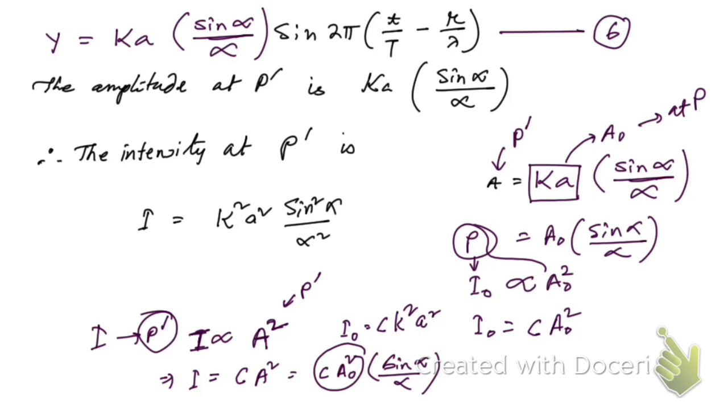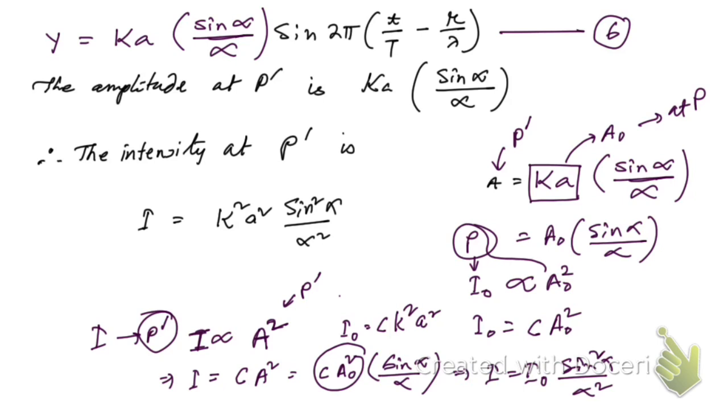Okay, so that's why we can write, let me consider this, just wait, we can write I is equal to I naught, we can replace this by I naught, so I naught sine alpha by alpha, sine square alpha by alpha square. Okay, so hope you have understood this.